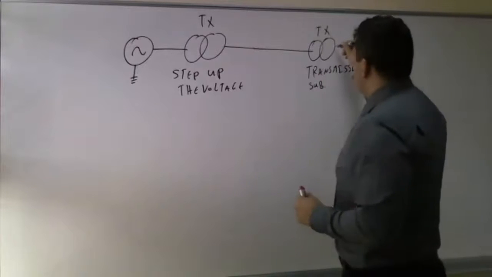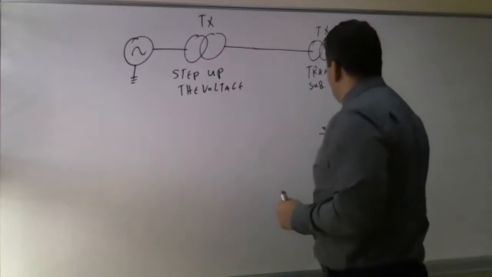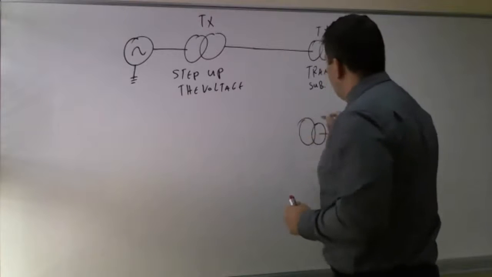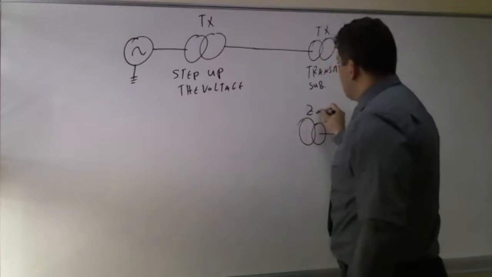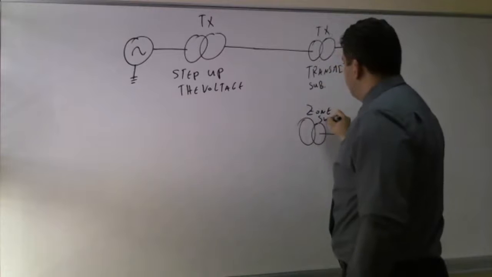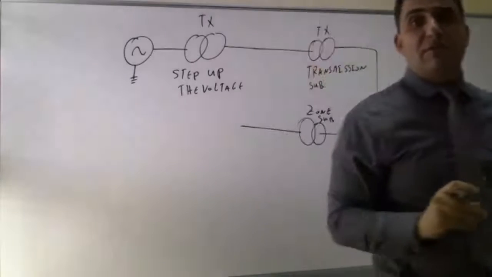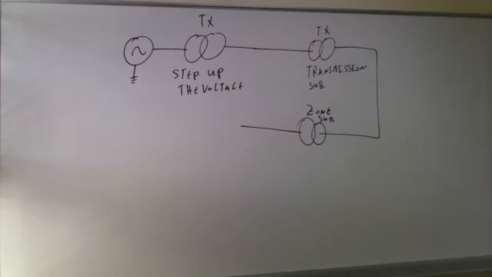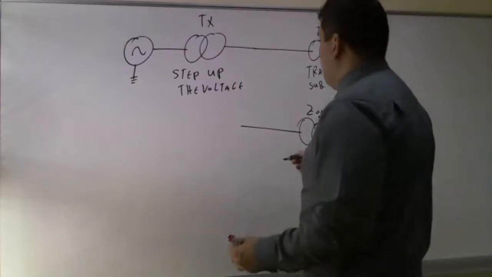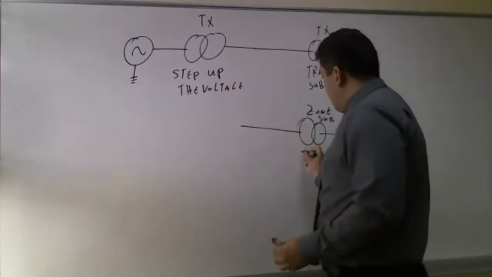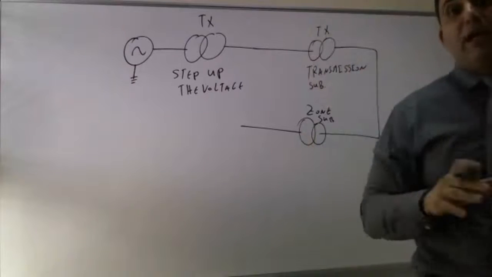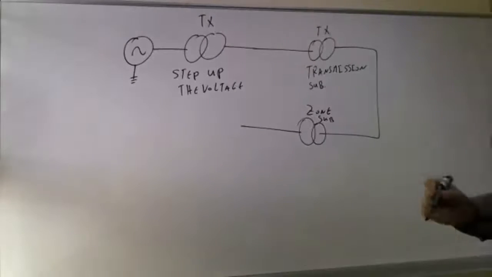Then from this transmission substation, I can go to another transformer, this into a zone substation. Then from this zone substation, I can go to a distribution transformer, or I could have a distribution transformer embedded inside the zone substation, inside this transformer.